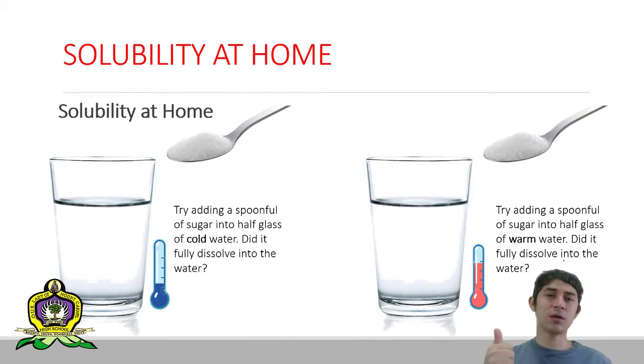Now let me try to connect solubility, temperature, and saturation on the same slide. Let me tell you a story. I like drinking lemonade. I can drink lemonade every single day. But the way I do lemonade is a little bit different than how you would do lemonade.